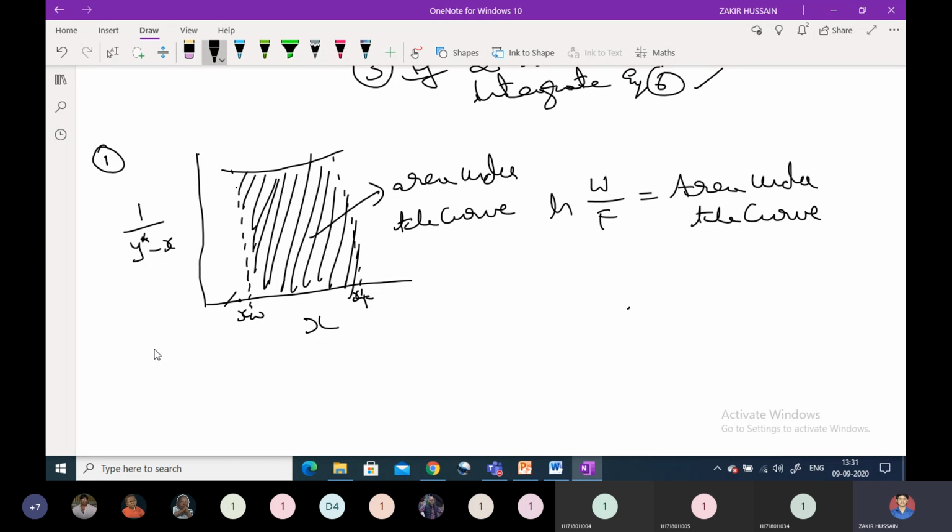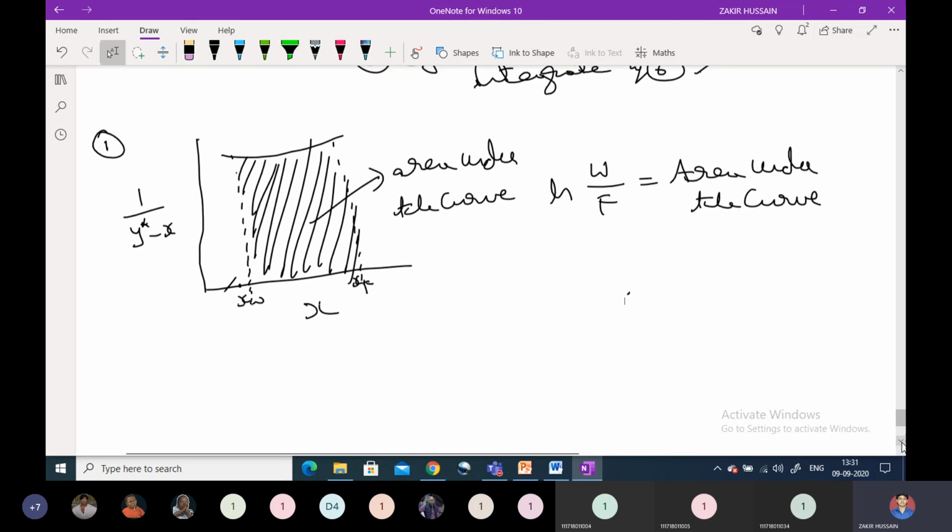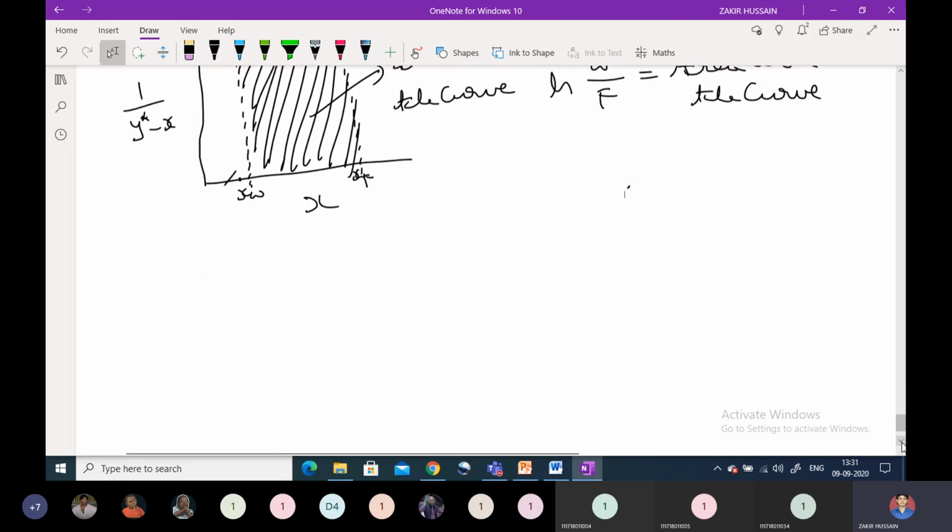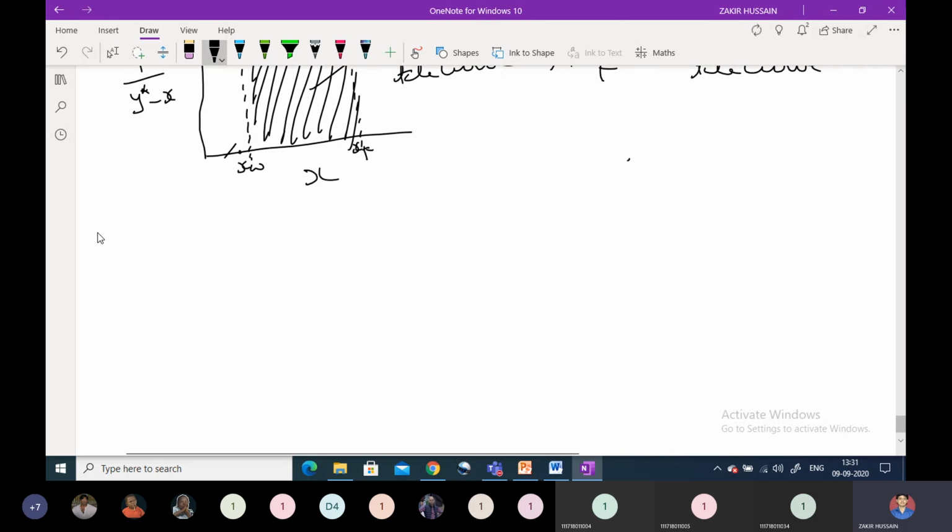So this is one approach to solve the Rayleigh's equation, and another approach, the second approach, is numerical integration using Simpson's one-third rule.